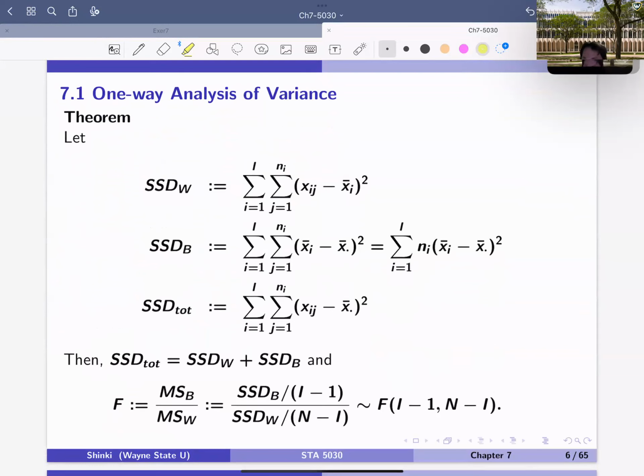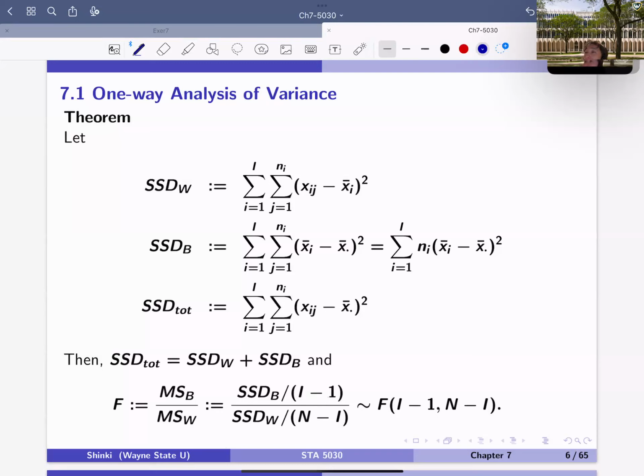So our objective is to evaluate whether all alphas are the same or some alphas are different. So basically, we consider the variability within the group and the variability between the groups, and we compare the ratio. So that is the idea.